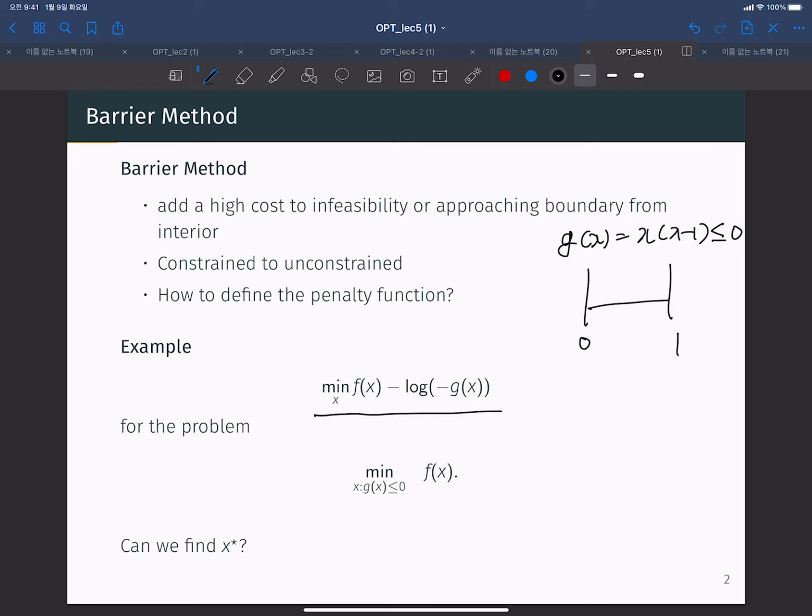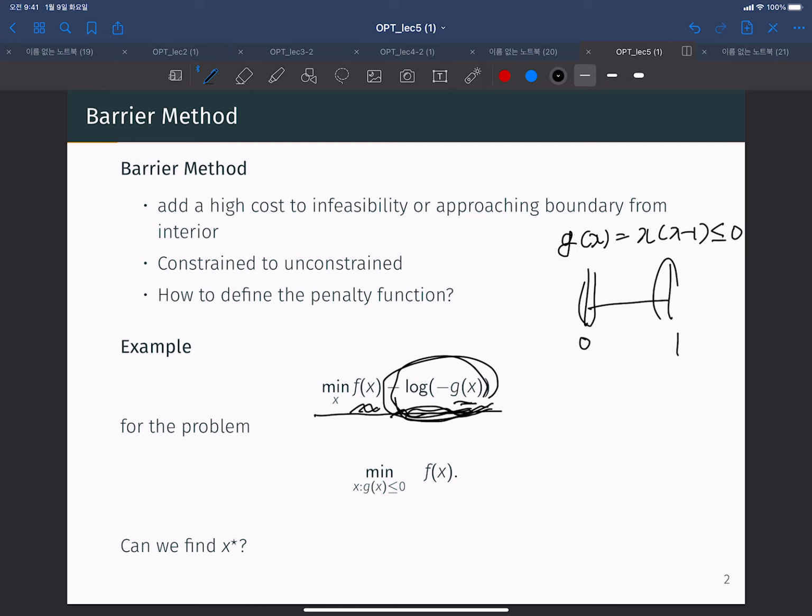If you add some additional cost function to the original objective function like this, then when g(x) is close to 0, this minus log of minus g(x) value will go to infinity. Since we are trying to find the solution that minimizes the original objective function plus some additional cost function, when this term diverges to infinity, we never go there. We don't need to search that kind of boundary area because this value is too high.